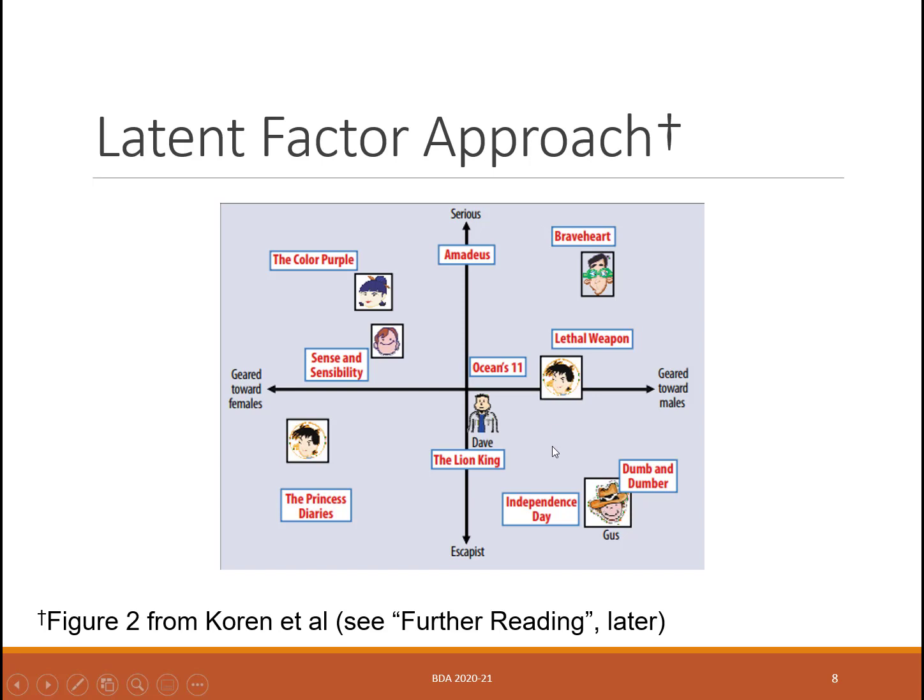Please note that some movies, for example Ocean's 11, and users, for example Dave, would be characterized as fairly neutral on these two dimensions. Now you might ask how we can computerize the latent factor method to predict ratings.